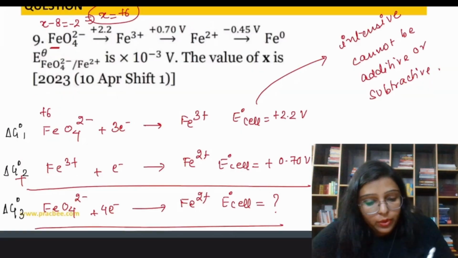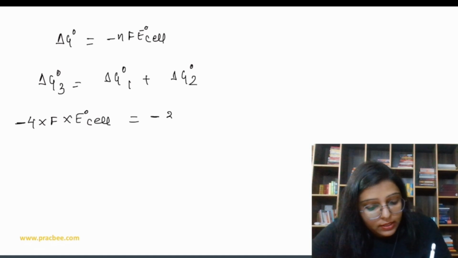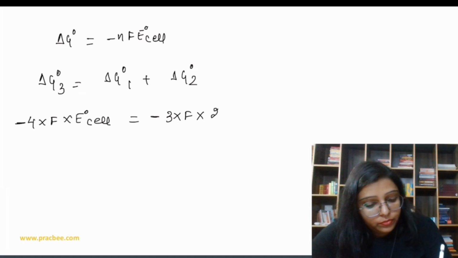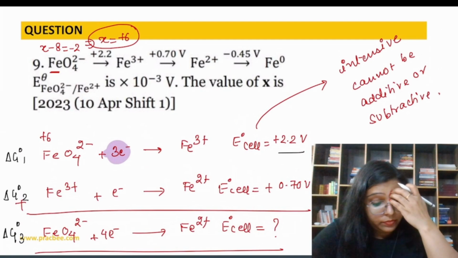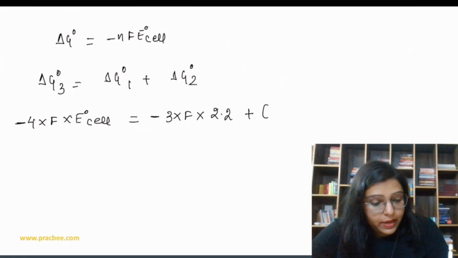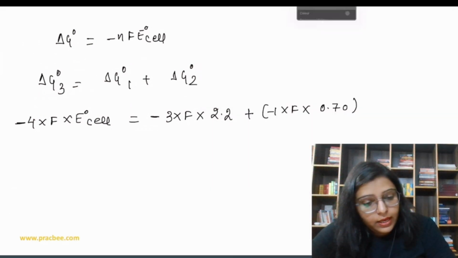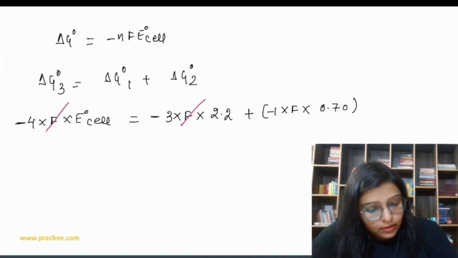For delta G naught 1, the number of electrons changed is equal to 3. So that is equal to minus 3 into F into 2.2 plus 1 into 0.70. So we can say minus 1 into F into 0.70. Okay. So when we solve this, we can cancel this Faraday, right?